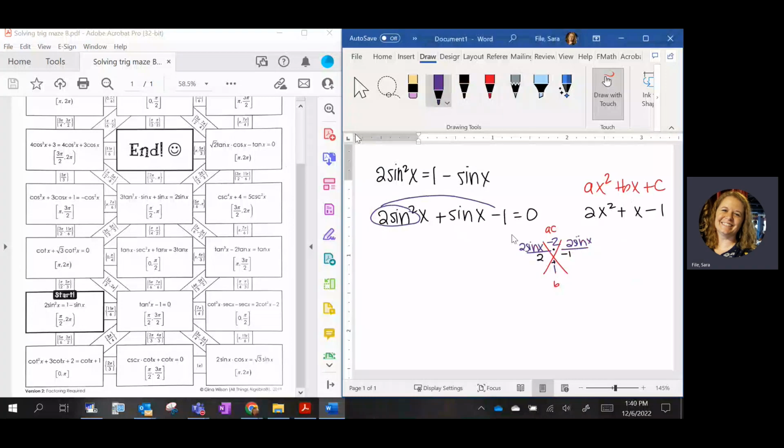If you can reduce, reduce, which here we can reduce those 2's. Here we cannot. So sine x, and then that's an understood 1 underneath there, a +1. So your first factor is sine x plus 1. The second factor would be 2 sine x, and then the denominator is a -1, so 2 sine x minus 1.